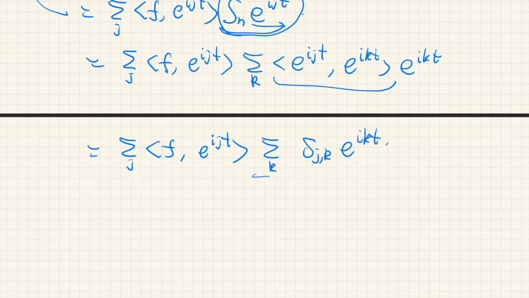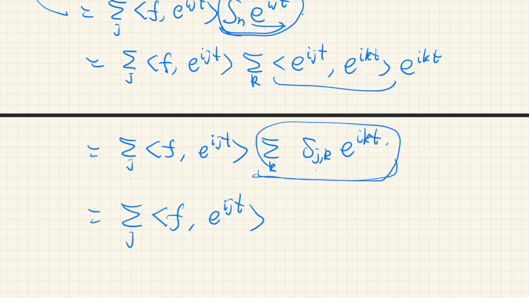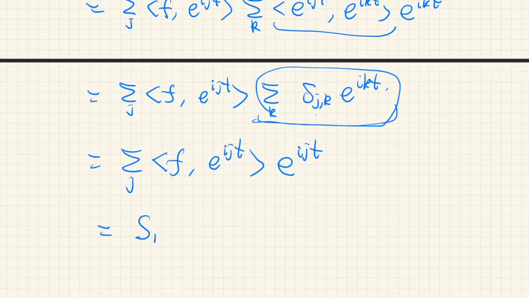So if we sum over all k, everything except for k equal to j becomes 0. Otherwise it's 1, so we have e^{ijt}, and so all this summation becomes the sum of the inner product of f with e^{ijt} times e^{ijt}, which is equal to Sn applied to f.